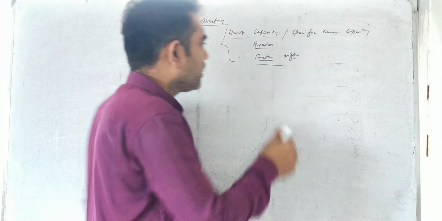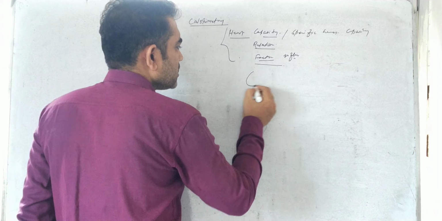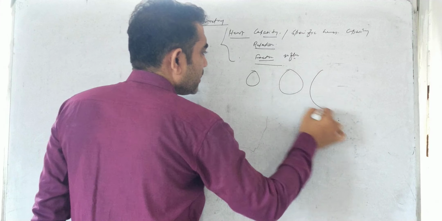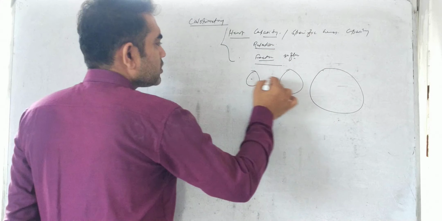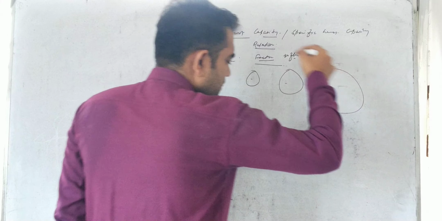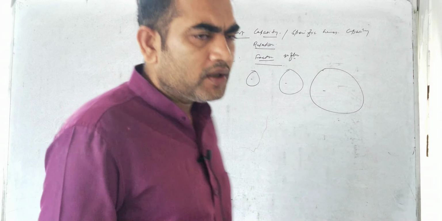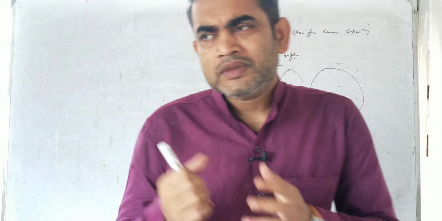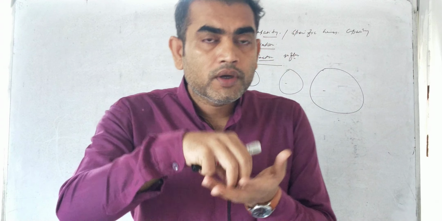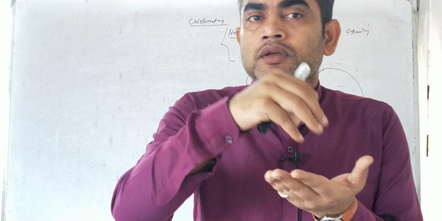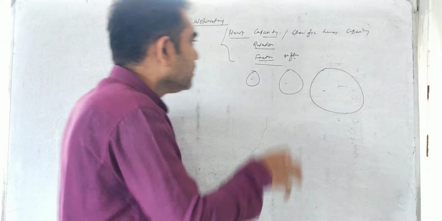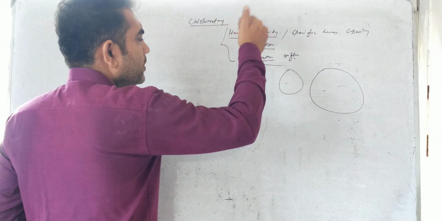It does not matter how much you take, whether it is 5 kg, 2 kg, 10 kg, 1 quintal or 1 metric ton, but we have to take the whole mass of the substance. So the heat energy required to increase the temperature of the whole mass of a given substance by 1 degree C is said to be the heat capacity.